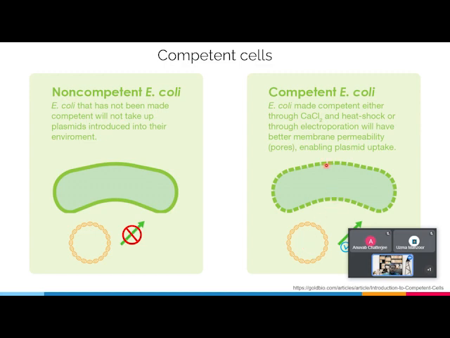So this is what we mean when we say that a cell is a competent cell, that it is able to take up any plasmid or other DNA that is injected or present in its vicinity. Competent E. coli cells are majorly used in gene cloning experiments because these are the best cells for taking up the plasmids that we want to introduce into them.